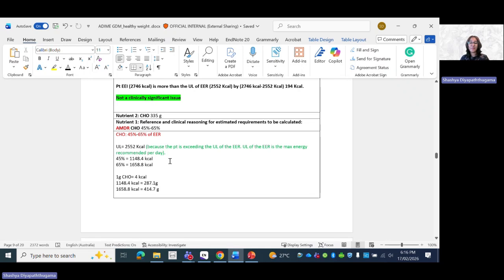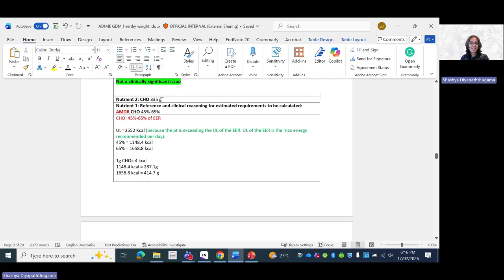So now we know the kilocalories. So then we can calculate the grams, because when it comes to carbohydrates, we know 1 gram gives 4 kilocalories. So we have to divide this kilocalorie amount by 4 if we wanted to get the amount in grams. So now we know by dividing by 4, the lower limit is 287 grams and the upper limit is 414 grams.